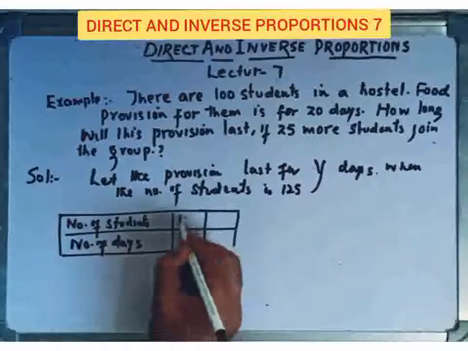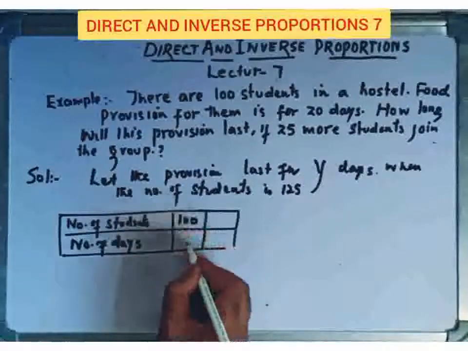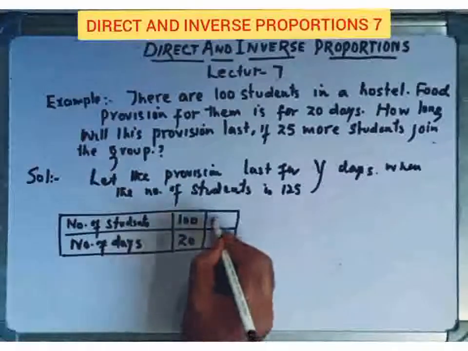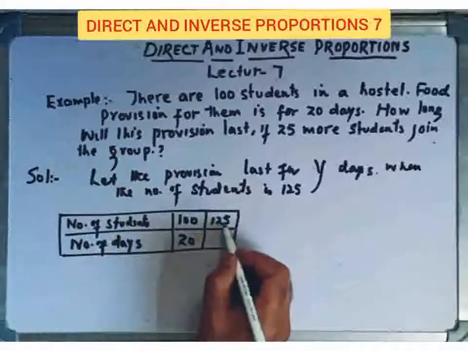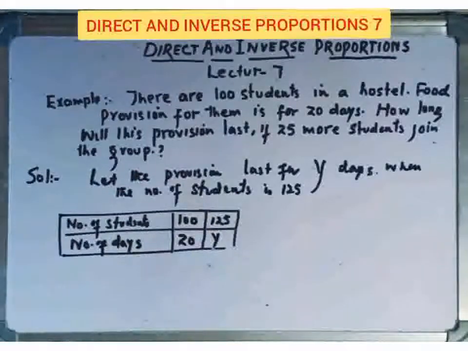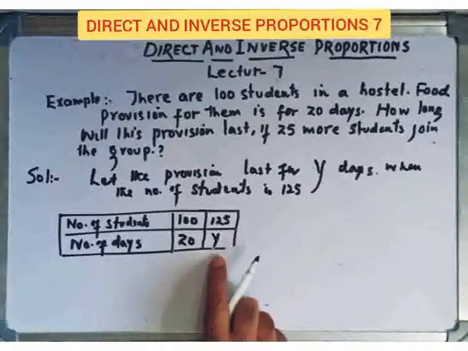If the number of students is 100, the food will last for 20 days, and if the number increases by 25, the number becomes 125, and let's suppose the number of days for which the food lasts is y.